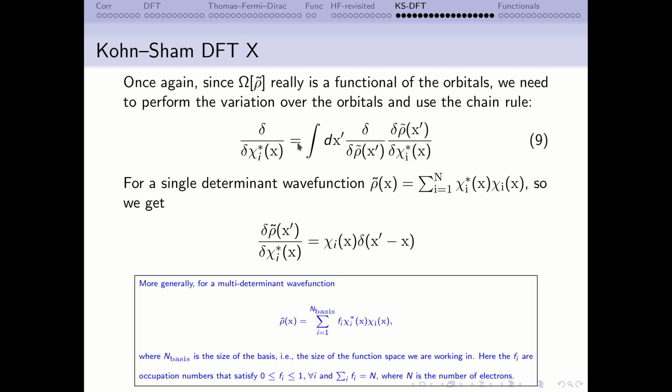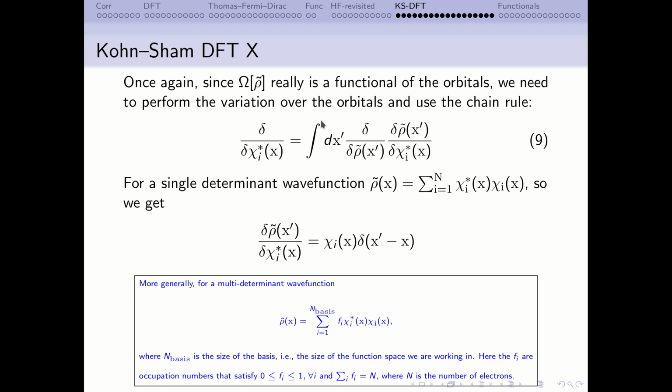Alright, so once again we're going to have to differentiate the omega functional with respect to not the density but the spin orbitals. So we need to have d by d chi I star x. To perform something like this, we need the chain rule because some of the quantities in this omega functional are written in terms of the density.